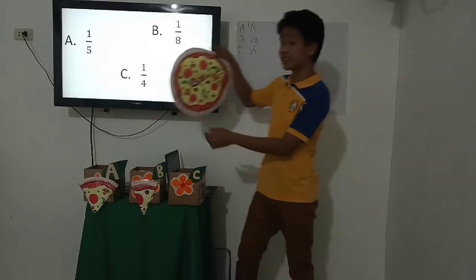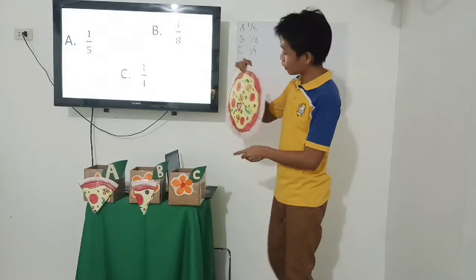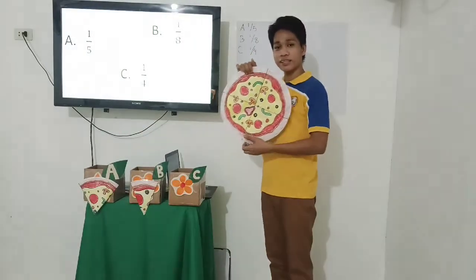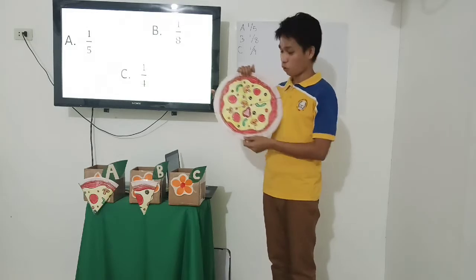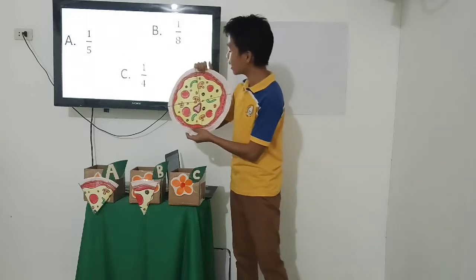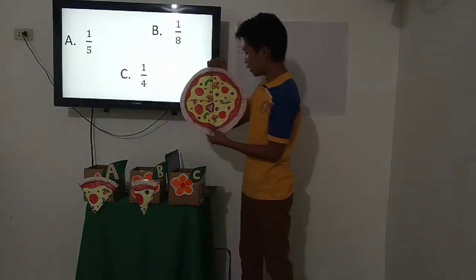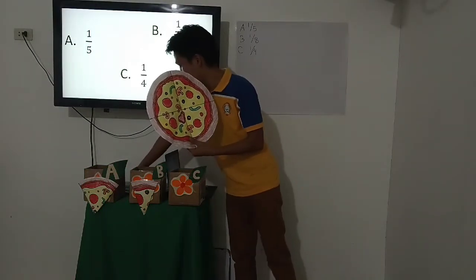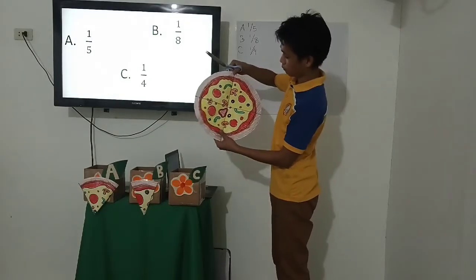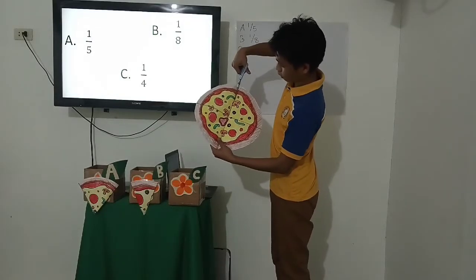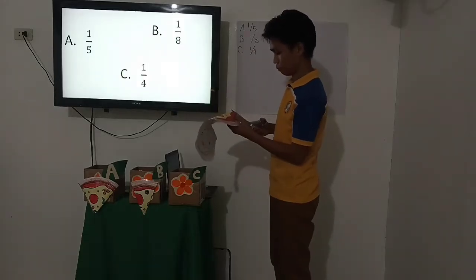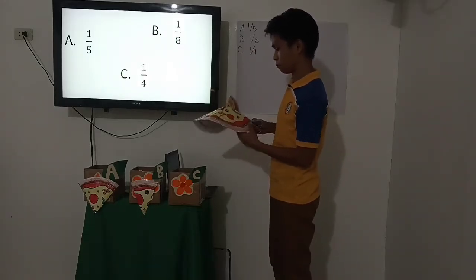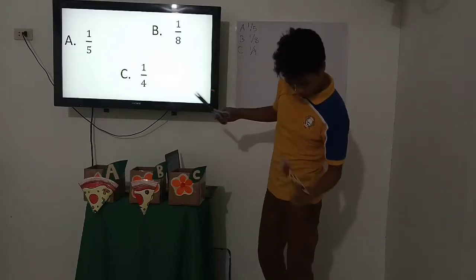Now let's take a look at 1/4. We have another pizza here. And how many slices are we going to do in here? Four. We have four slices and we will take one slice from this four. Okay.